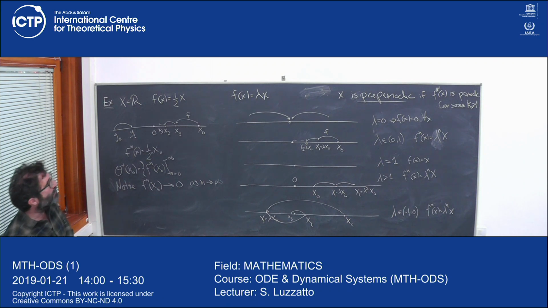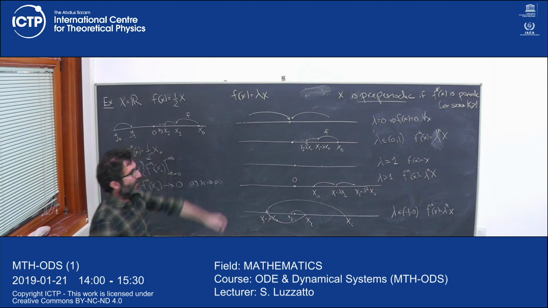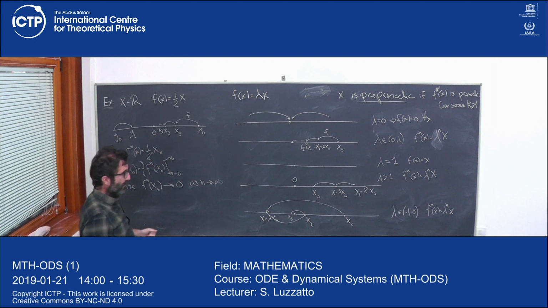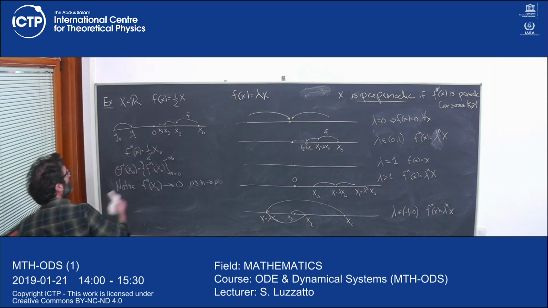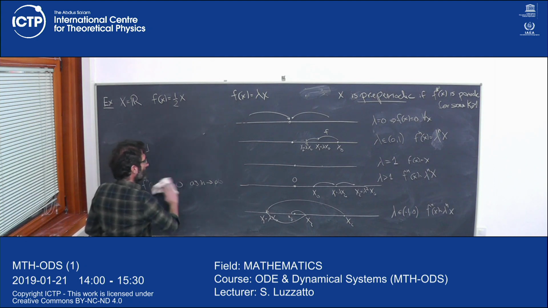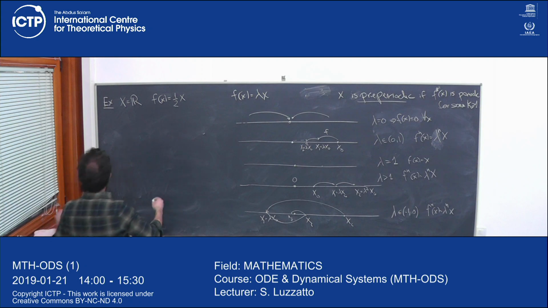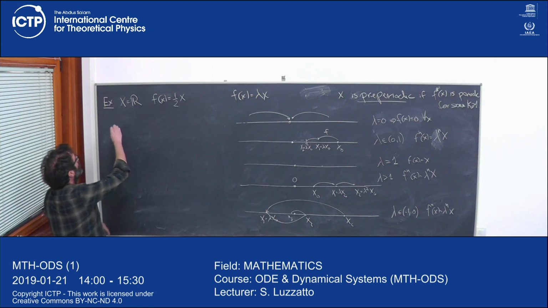So these are linear maps. These are, in some sense, the simplest examples of dynamical systems. And now that we have these examples, let me introduce another definition that we will use to describe a little bit what happens when points are non-periodic.